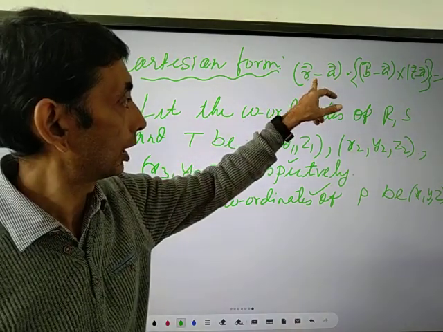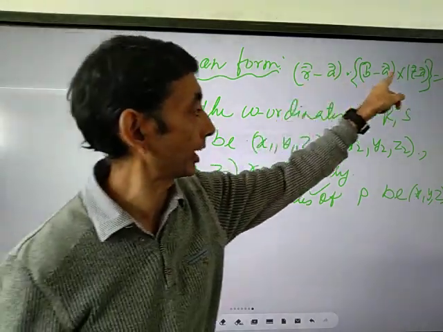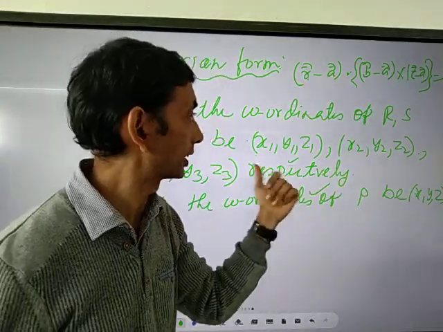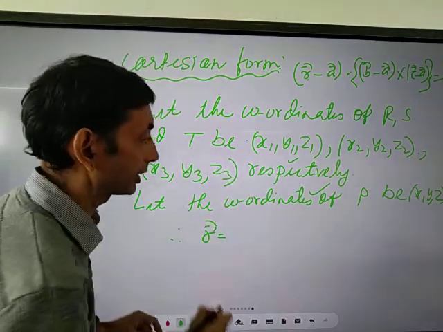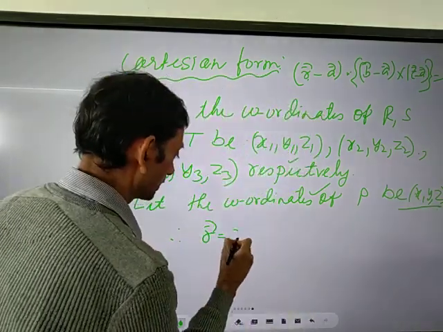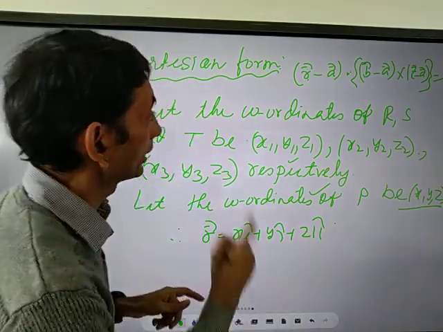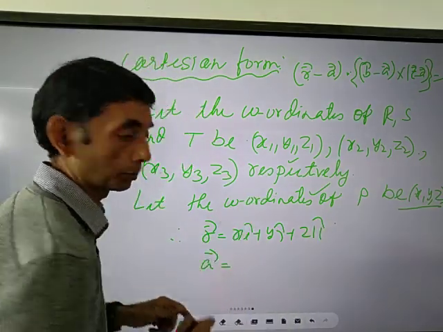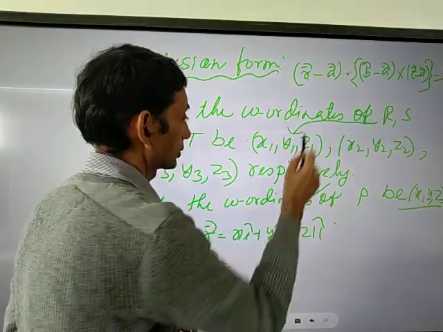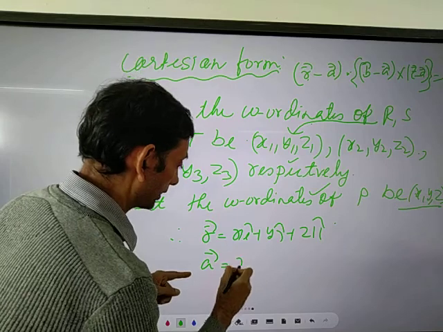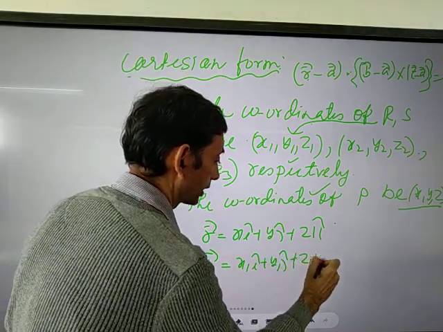Now first we'll express all the position vectors in terms of the coordinates, starting one by one. R can be written in terms of x, y, z as x i cap, y j cap, and z k cap. Next I'll write A, the position vector of R. What are the coordinates of R? x1, y1, z1. Therefore A can be written as x1 i cap, y1 j cap and z1 k cap.